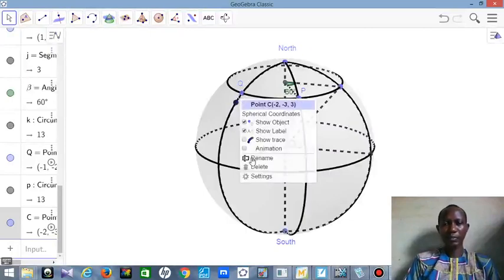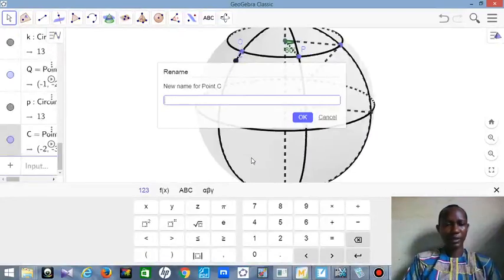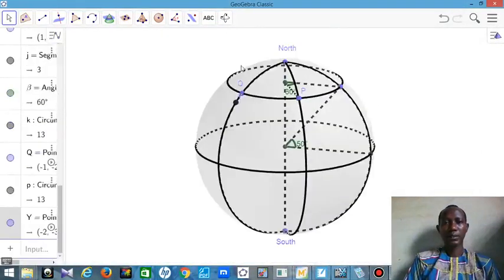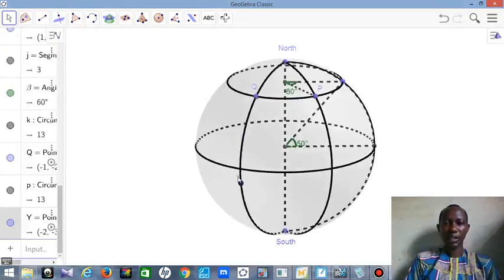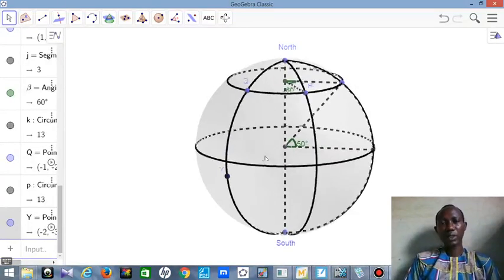So you move to another point, Y. So this is point Y. It then flew due south, and due south it can be somewhere here. It can be below the equator. We don't really know the exact point, so we'll only find out when we are through with our calculation. So this is the interpretation of this question.